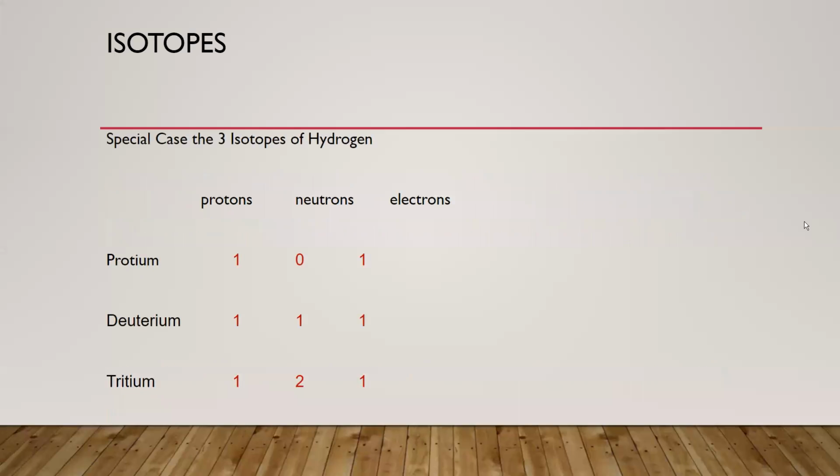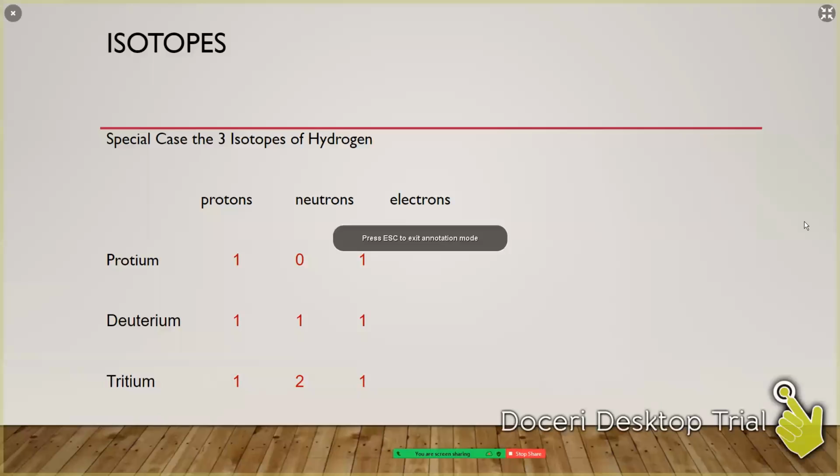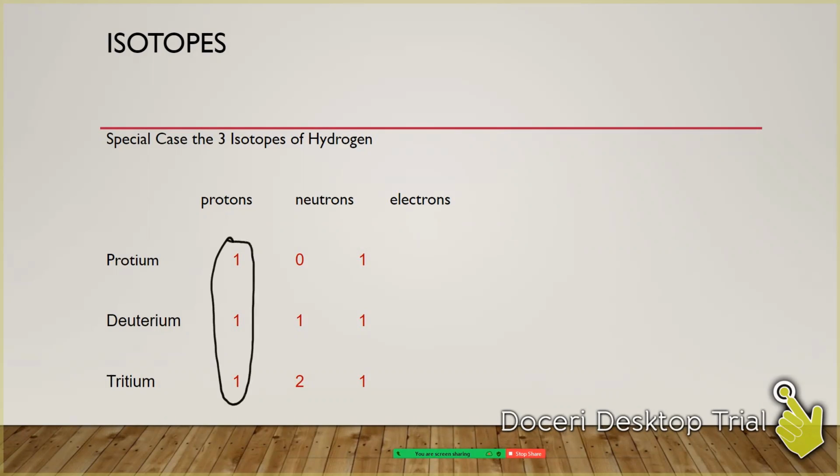All right. So we're going to look at some isotopes of hydrogen. They're very common. They're so common that they've been given their own names. So you can see that they all have the same number of protons, because that's not what is changing. They're also neutral, so they all have to have the same number of electrons.